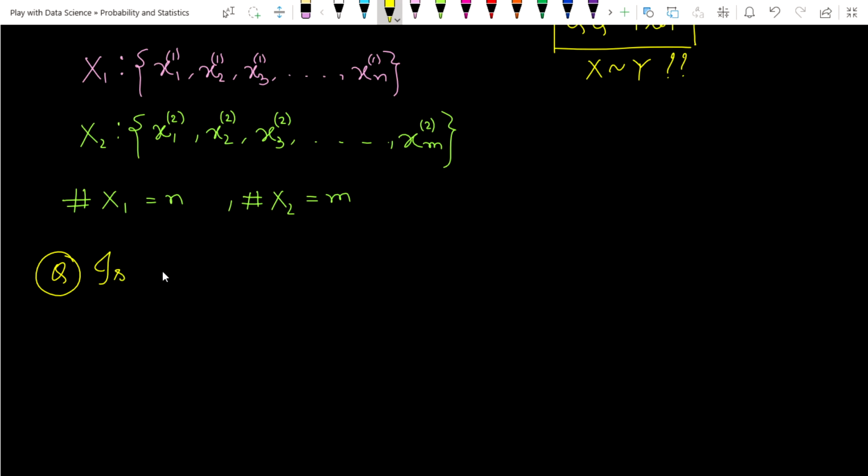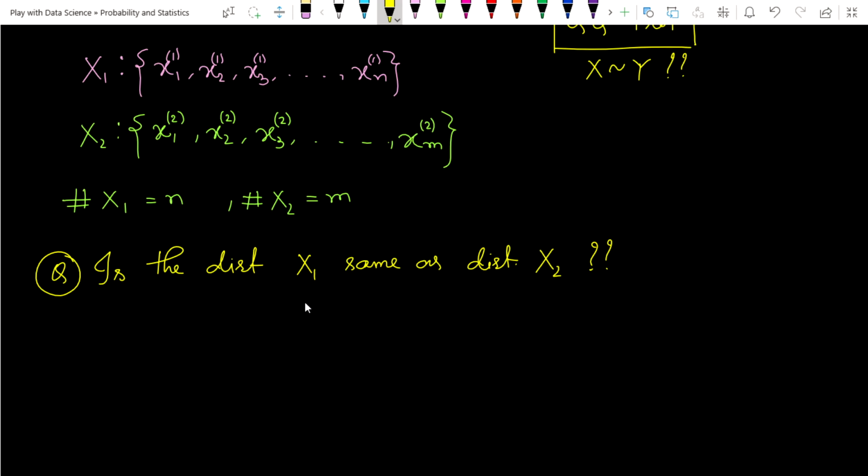Is the distribution of x1 the same as the distribution of x2? Are the two distributions the same? For these random variables x1 and x2, are these distributions the same?